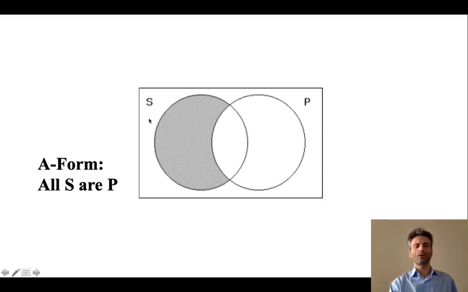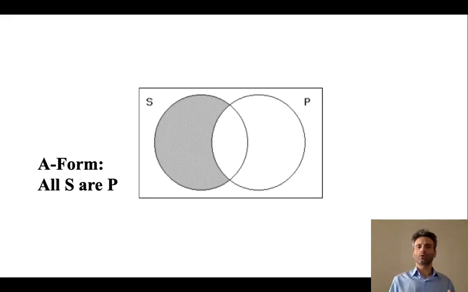What I say if I do shade is that all blonde people are cute things. If I don't shade area 1, I leave room for blonde people that are not cute.